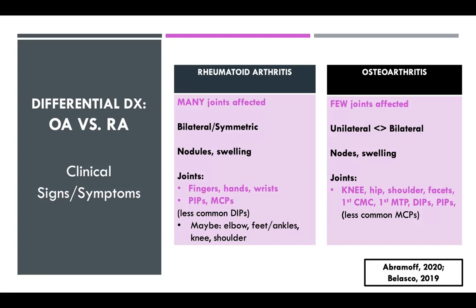And then within osteoarthritis, I will say the two most common joints that are affected by far overall, the knee joint is affected most often as osteoarthritis, and then the hip. But there are other joints that can be affected. In osteoarthritis, what we see is those weight-bearing joints take the brunt of usually this pathology.